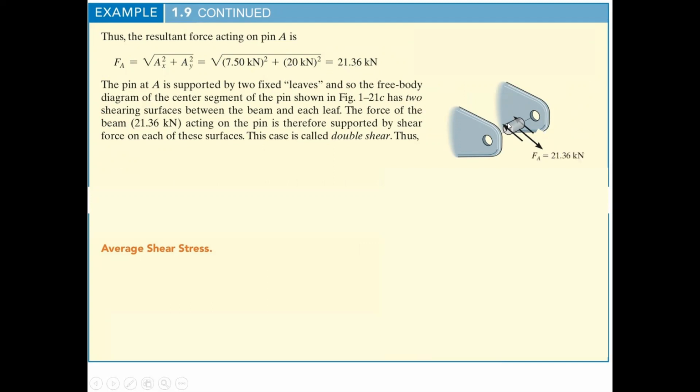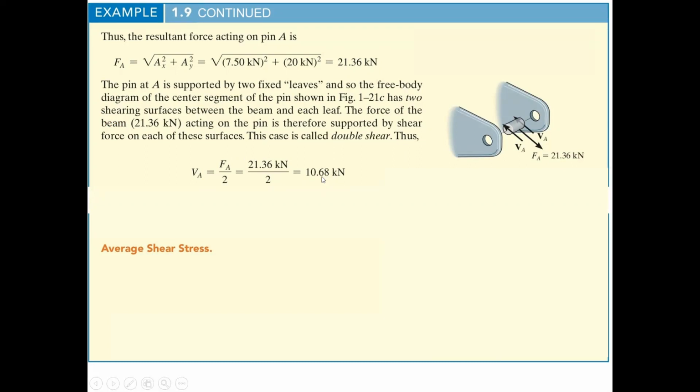So that's what this force is that's acting on this pin, and it's being resisted by two shear planes. So we have a shear plane on this end and a shear plane on this end, and that's because we have these two plates for this double shear condition. So it's always important to recognize that you have either double shear or single shear. If you have double shear, you get to divide this force of 21.36 in half, and you only have to design it now or come up with the stresses based on the 10.68 kilonewtons.